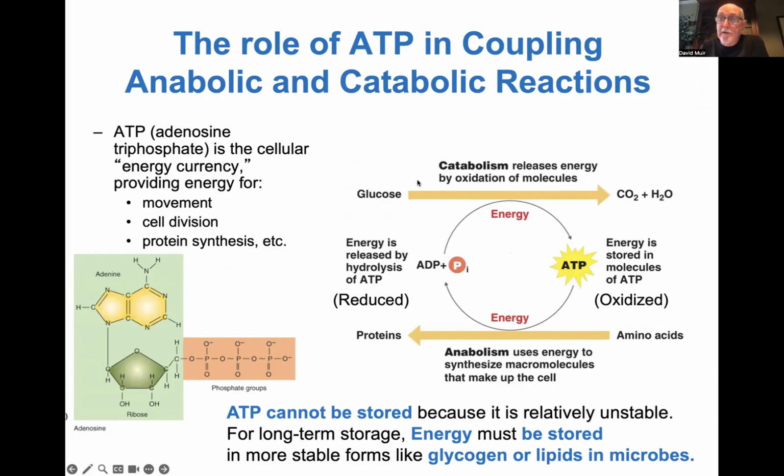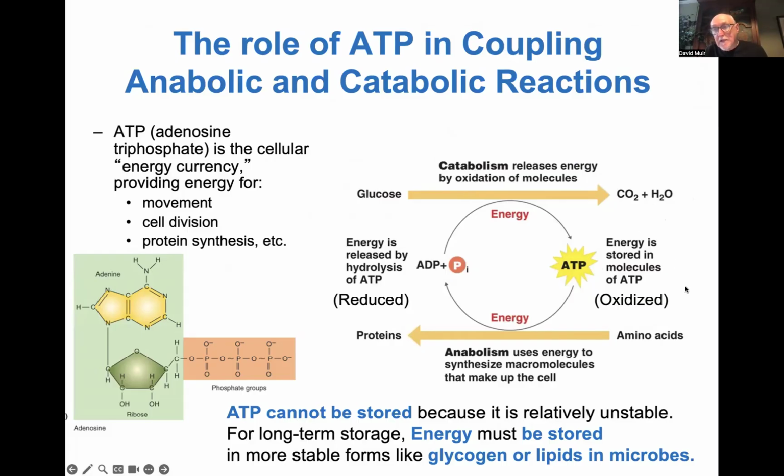So the most common catabolic reactions that we are going to encounter are those of energy breakdown, of energetic compound breakdown, like oils, fats, etc., sugars. They get broken down and energy is released. Here's the example of glucose. Glucose can be broken down to simple compounds, to carbon dioxide and water, with the release of a lot of energy. And that energy from glucose breakdown is stored very temporarily in ATP.